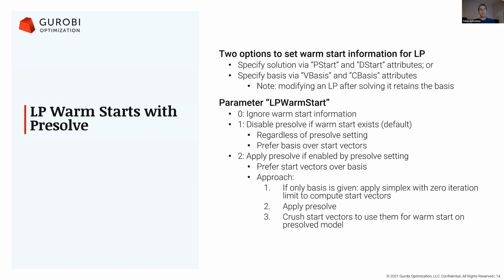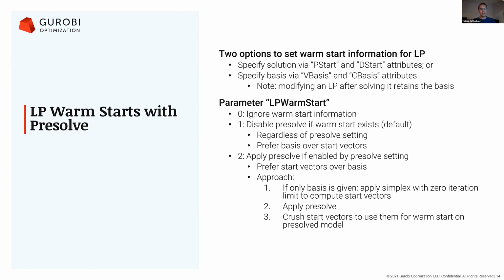And this you provide through the VBasis and CBasis attributes. So, if you solve an LP without providing warm start information, then the final basis that Gurobi finds will be stored internally. And then when you modify an LP, then Gurobi will start from that basis that it has stored. So you don't need to fiddle around with these PStart, DStart, or VBasis, CBasis attributes. So Gurobi will do that internally.